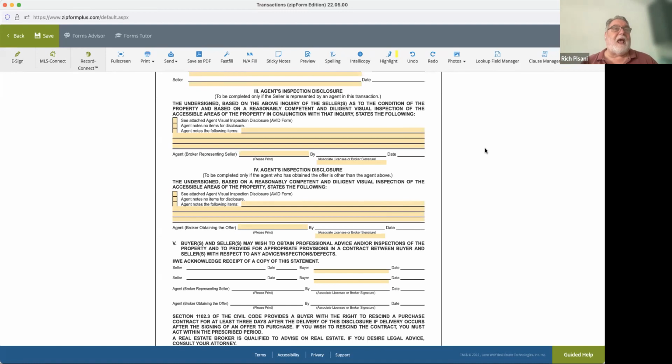Not that they fill out an AVID, but that they do a detailed visual inspection. It all stems from a lawsuit that happened a long time ago. And because of it, it's been statutorily required that an agent do a visual inspection. CAR has put together this handy dandy form called the AVID to help you do that.